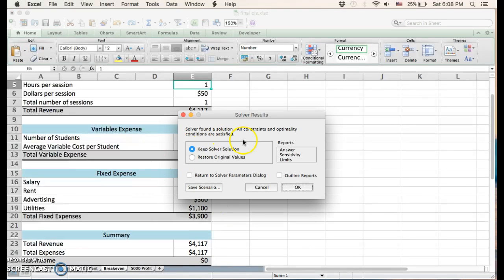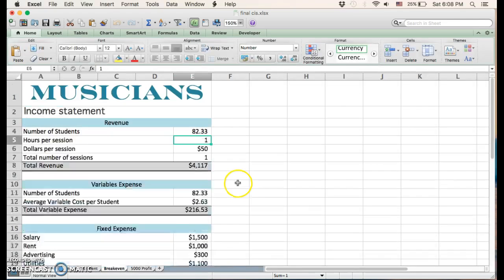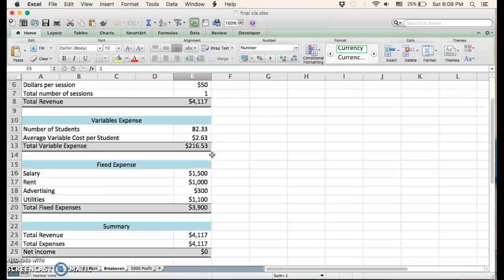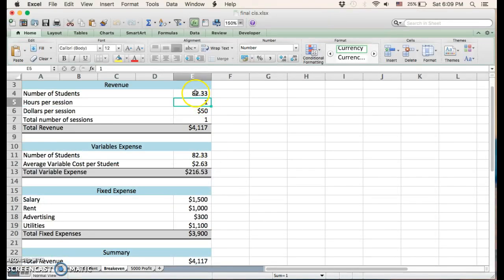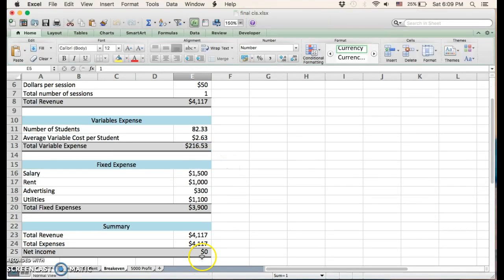Yes, Solver found a solution. Okay, and we see that the company needs 82.33 students. So as I said before, we can't have a fraction of a person. So I would round up to 83 students for the company to break even, because if it was 82, there would still be a loss.